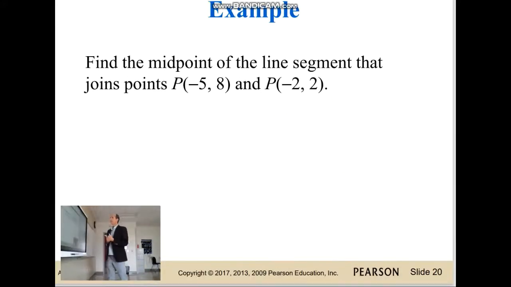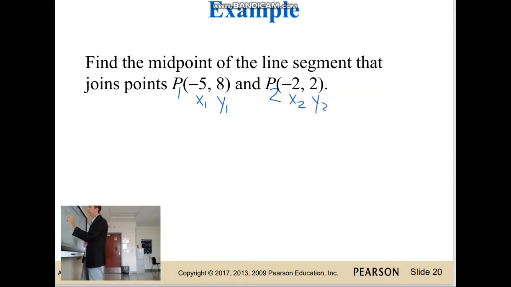Okay. So in this example, we had to find the midpoint of the line segment that joins points P, -5 and 8, and P, -2 and 2. Let's call this P1, point 1, and that one, point 2. That means this first coordinate here is x1, and that is y1, and now here is going to be x2 and y2.